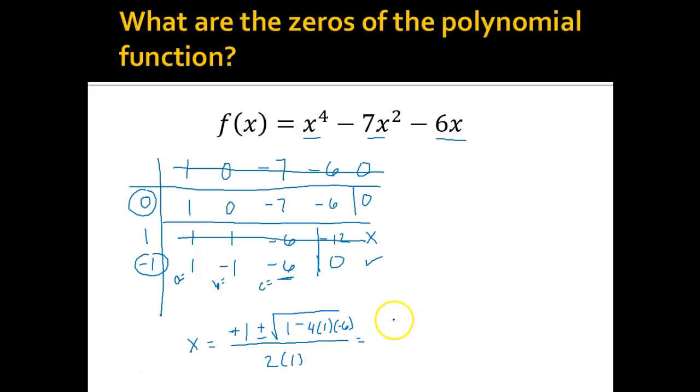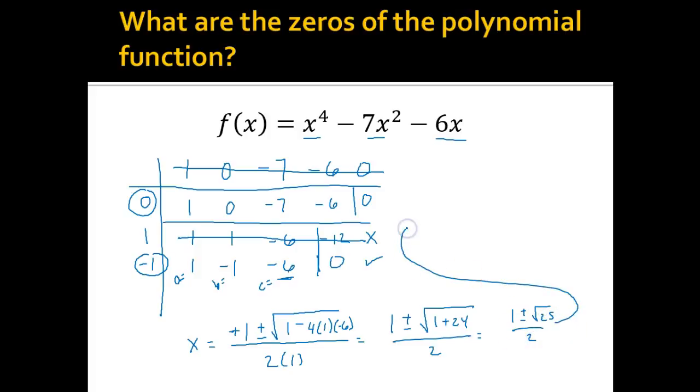So that's going to give me 1 plus or minus the square root of 1 plus 24 over 2, which is 1 plus or minus the square root of 25 over 2.